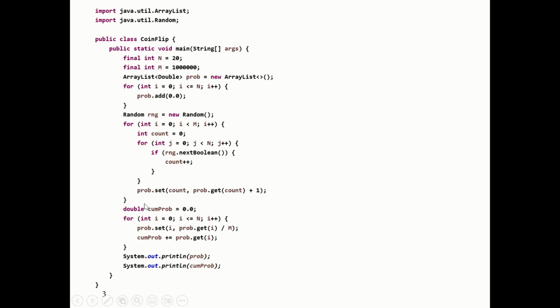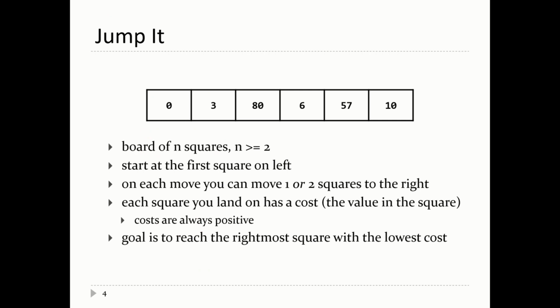So use get to get the current count, use set to set the current count. And then at the end, we can divide all of the counts by m, and that gives you your table of probabilities. You can copy that slide into Eclipse and run it and see what you get. It does actually work, and you do get an approximation to the binomial distribution.